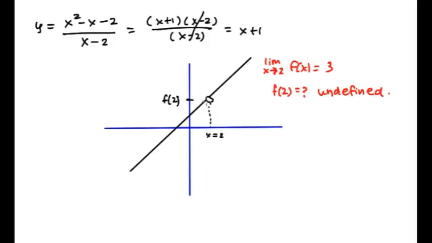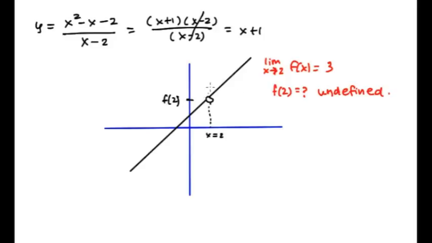We can take x values 1.9, 1.99, 1.999 on the left and from the right, 2.1, 2.01, 2.001. And we can calculate f of 1.999 and f of 2.001 and say, okay, so from the left, f of x is approaching this value, and it's approaching the same value from the right-hand side, so that must mean that the limit as x approaches 2 of f of x must be the value that's being approached from the left and the right.